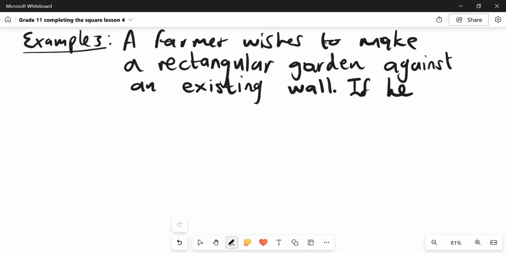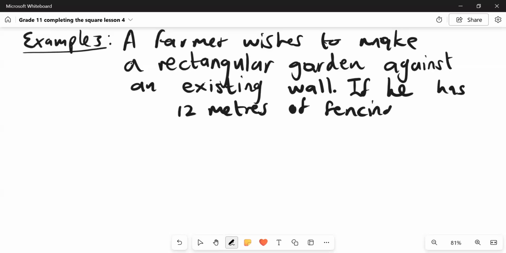If he has 12 meters of fencing with which to make a garden.